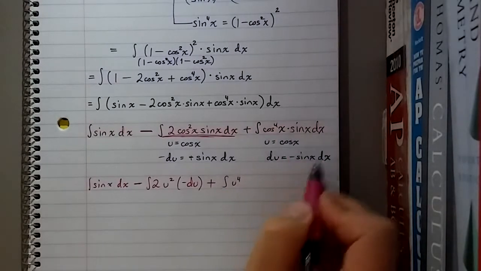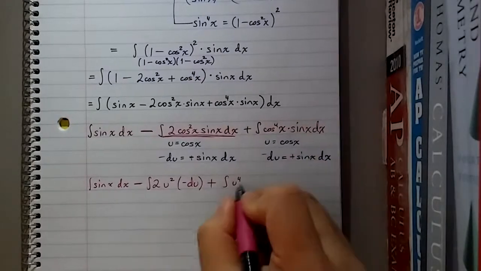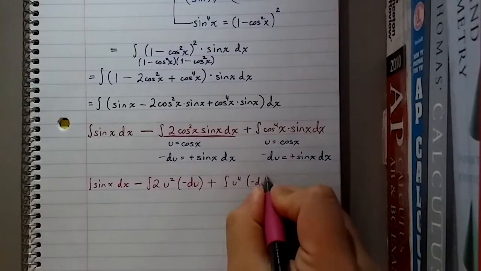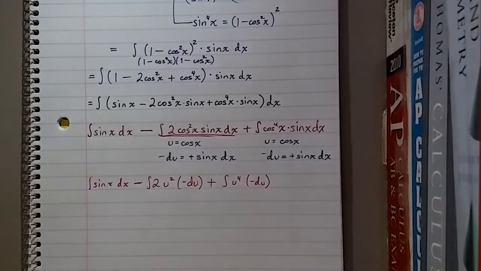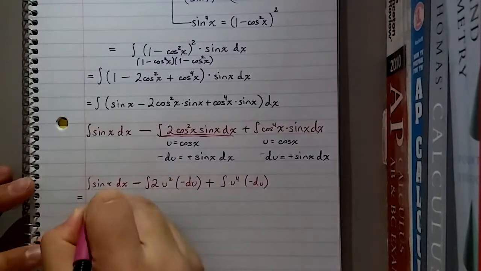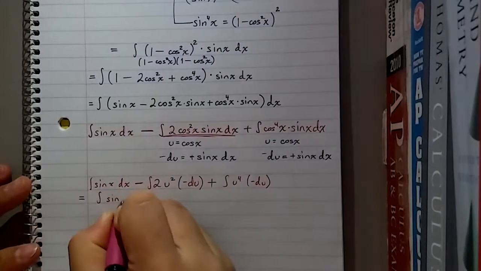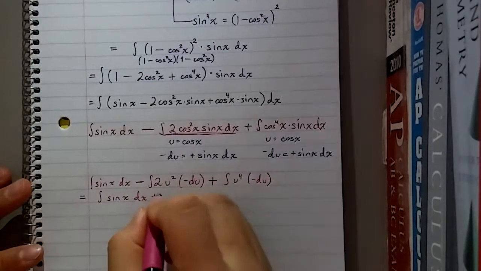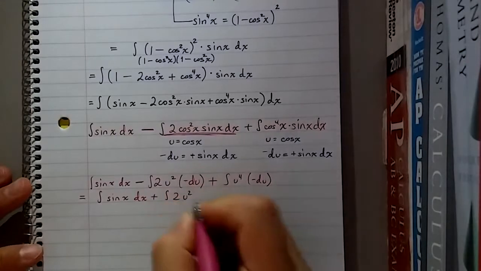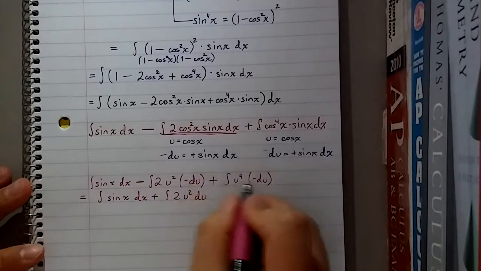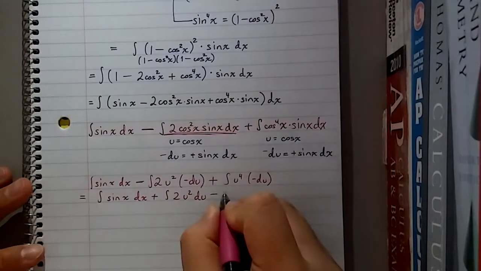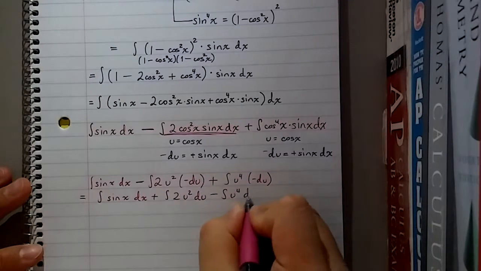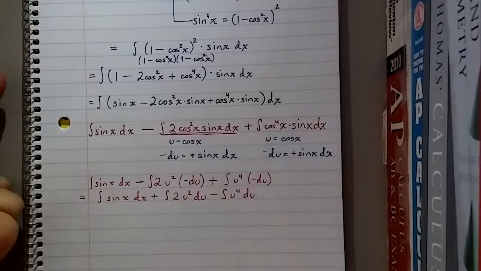And the same story here, sine dx is negative du. Rewrite this one more time before we finally integrate this thing. Sine x dx. So negative negative makes a positive. And plus negative would make a minus. Okay, now we are pretty much done.